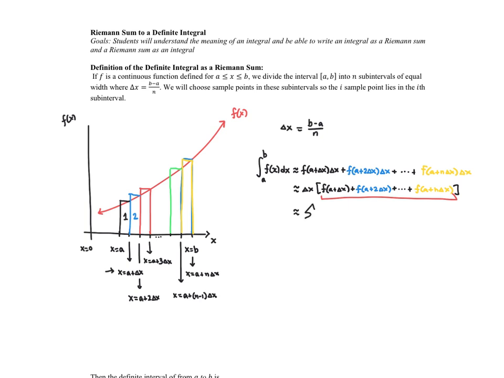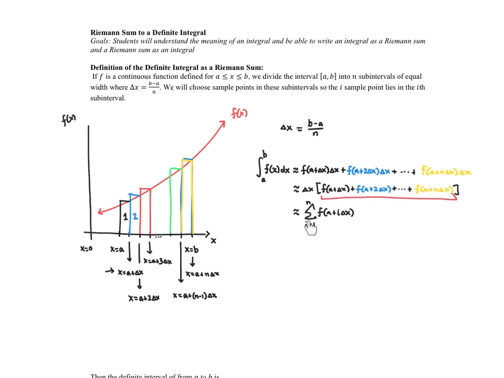I'm going to take the sum from i equals 1 to n of f of a plus i delta x. So let me explain what that means. Okay, so if I plugged 1 in for i, I would get f of a plus 1 delta x. That's our first term in this series of terms.